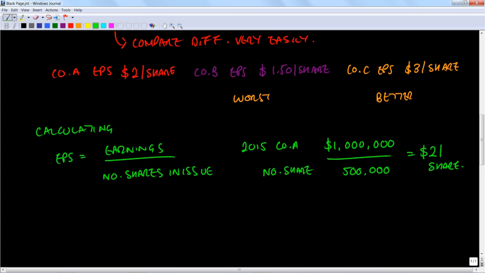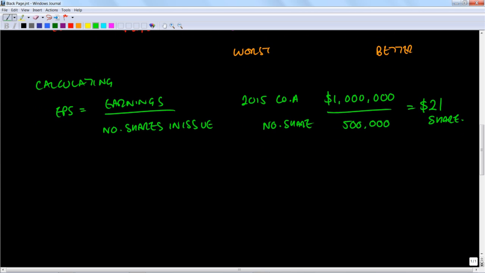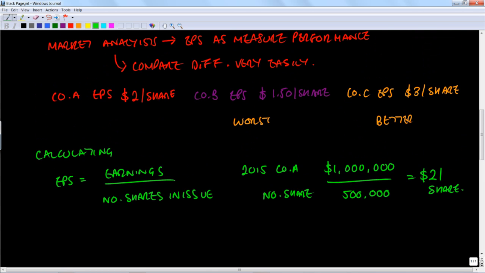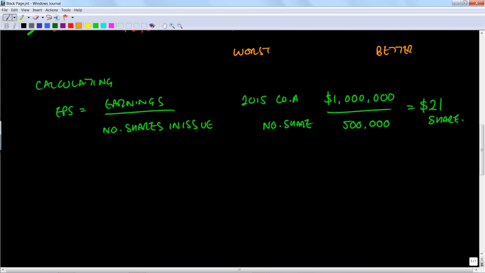Okay, but when you do a calculation like this, ideally we have a comparator. Ideally we have some kind of benchmarking figure, and you can use other companies as benchmarking figures, as we did in that example there. Okay, but then an organization, when they publish earnings per share information, they also tend to produce a comparator for the previous year.